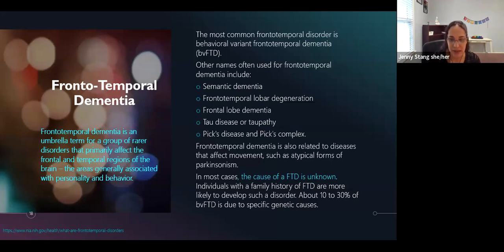In most cases, the cause is unknown. If you have a family history of frontotemporal dementia, you're more likely to develop the disorder. About 10 to 30% of behavioral variant frontotemporal dementia is due to specific genetic causes.